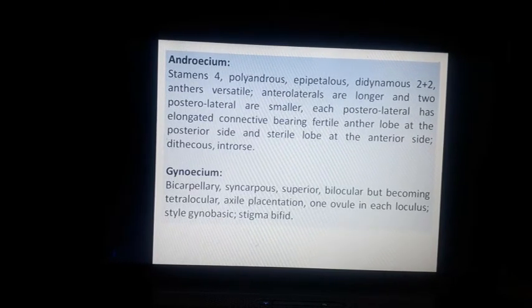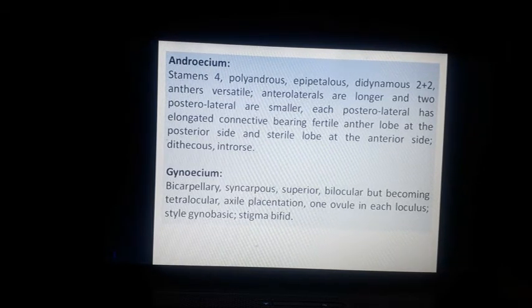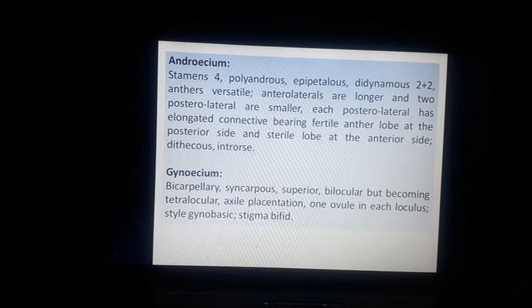Androecium stamens are 4. Polyandrous means free androecium, which are free from each other. Epipetalous, because these arise from the petals. Didynamous 2+2 means these are present in two groups. Anthers versatile, which can move, and these are helpful in the dispersal of the pollen grains.